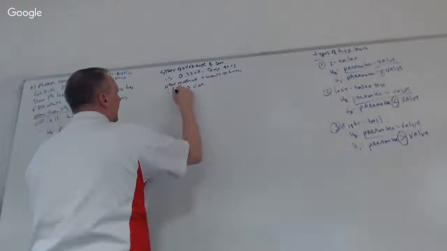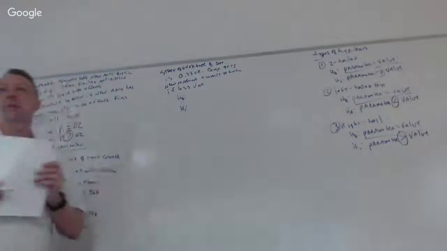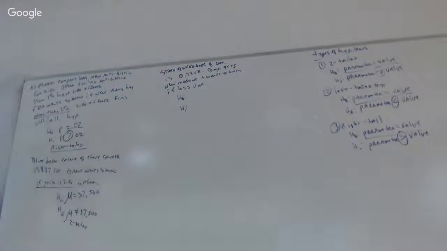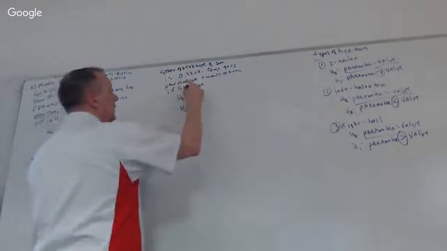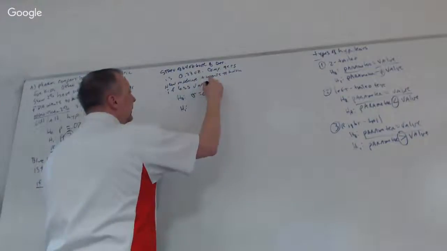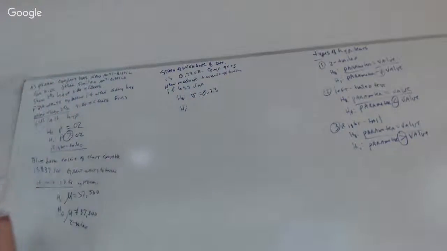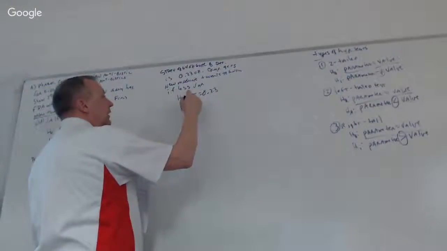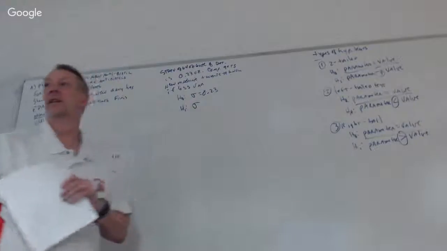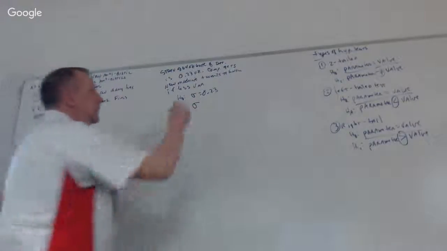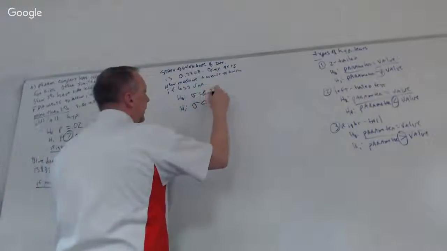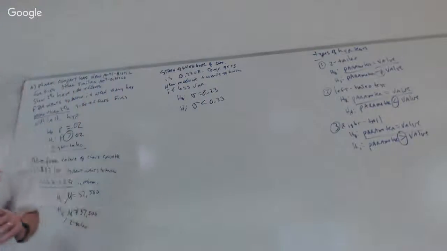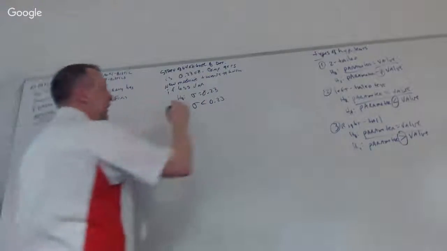The null hypothesis, the alternative hypothesis. What do you think, Josh? Sigma equals 0.23, and you picked sigma because standard deviation. The alternative: S less than. No, you got to use the same letter. Sigma less than 0.23. So this is what kind of a test? Left-tailed.